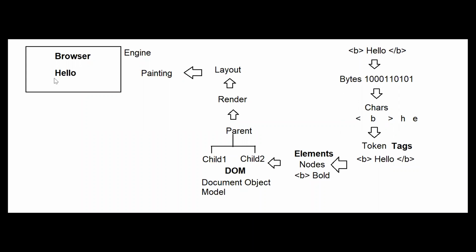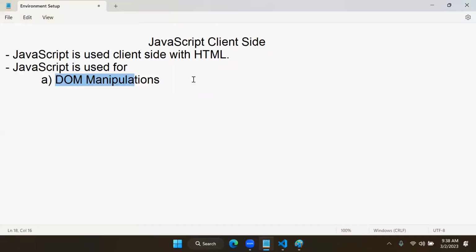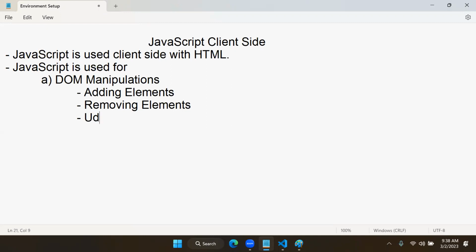Who is going to control this? HTML presented, finished, but who will manipulate it? The role of JavaScript is to manipulate the DOM. What do DOM manipulations mean? They include adding elements, removing elements, and updating data in elements.